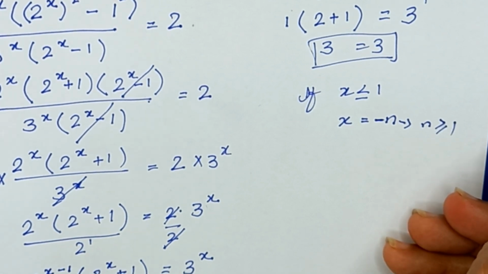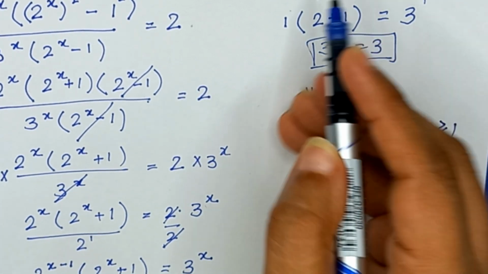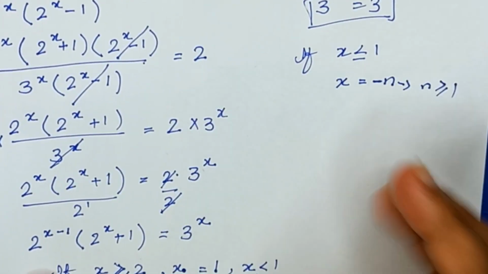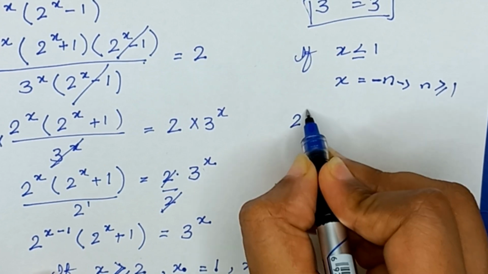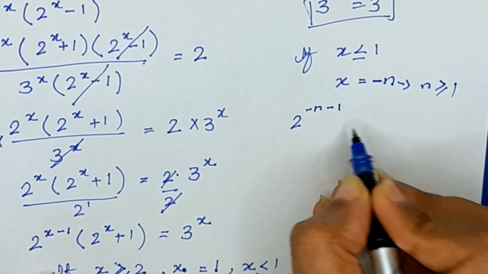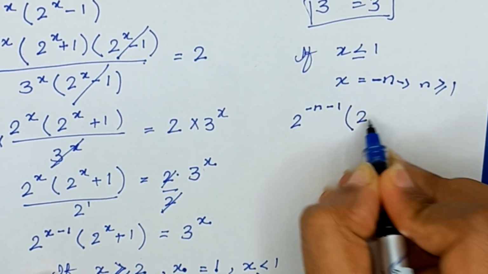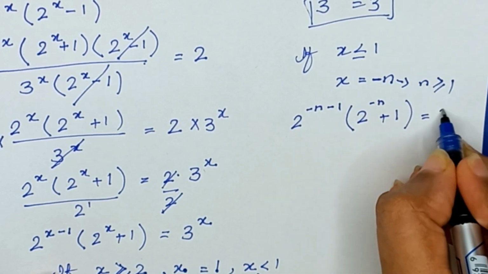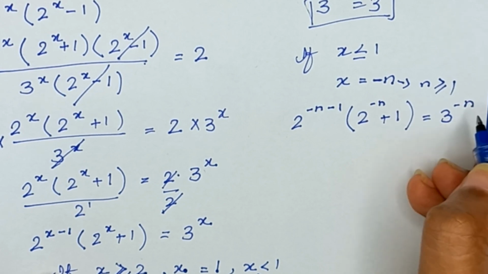So if I substitute negative n, then it will become 2 raised to the power negative n minus 1 times 2 raised to the power negative n plus 1, and it will be equal to 3 raised to the power negative n.